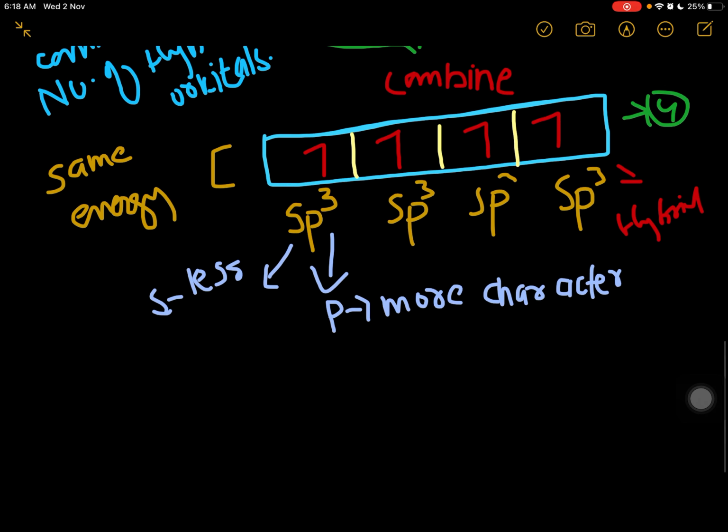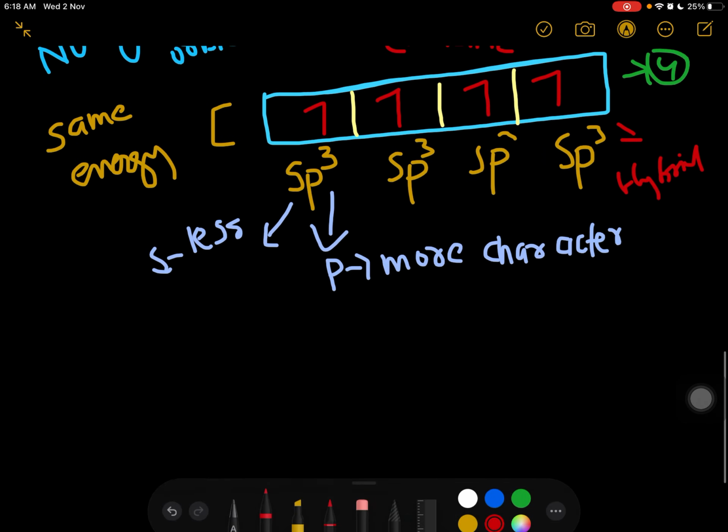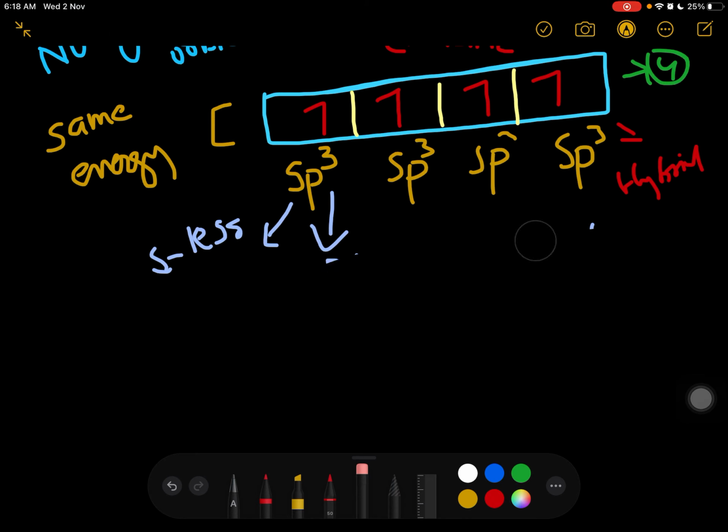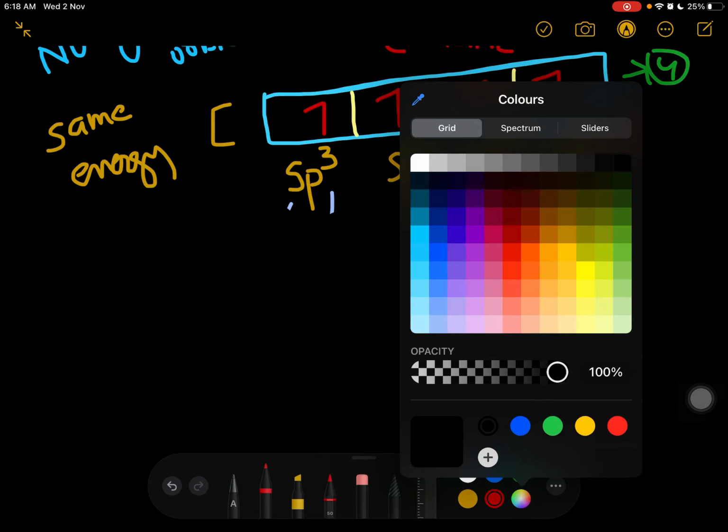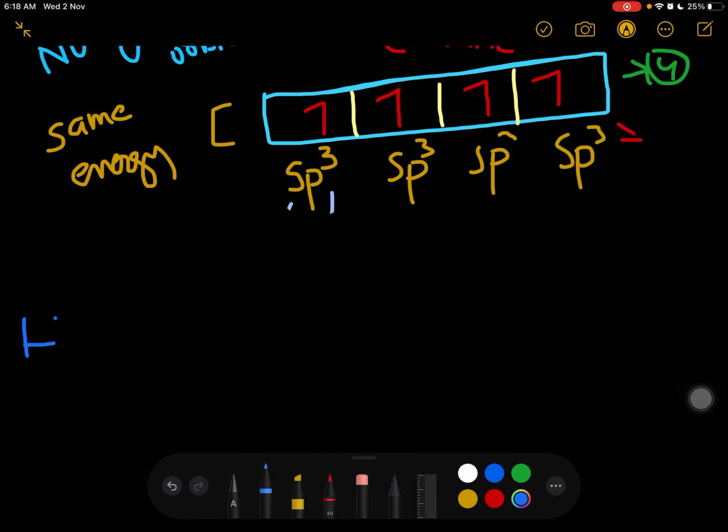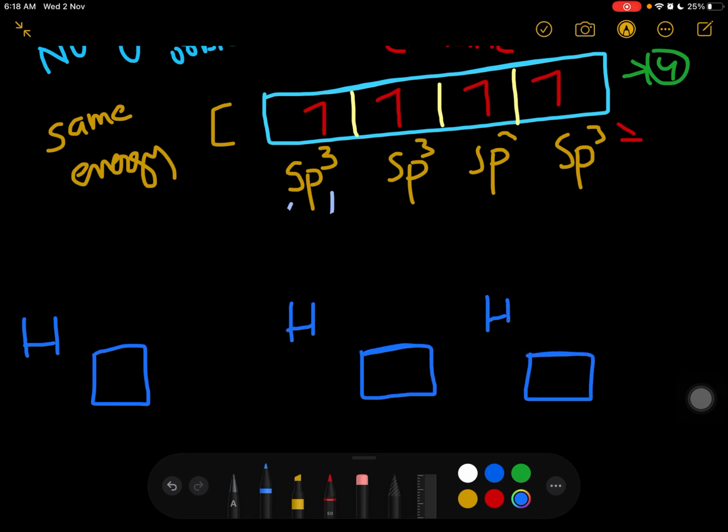Now let us understand how we will form methane. We know that sp3 is formed. Now let us find the configuration of hydrogen. There are 4 hydrogens, and the configuration of hydrogen is 1s1.